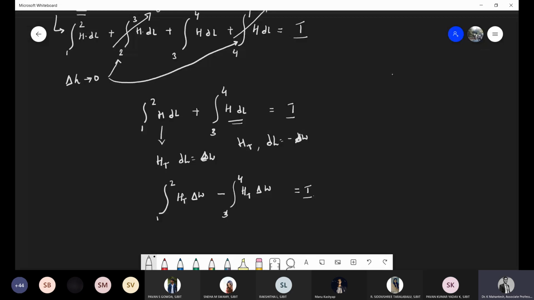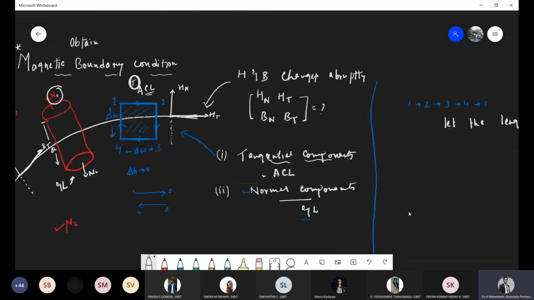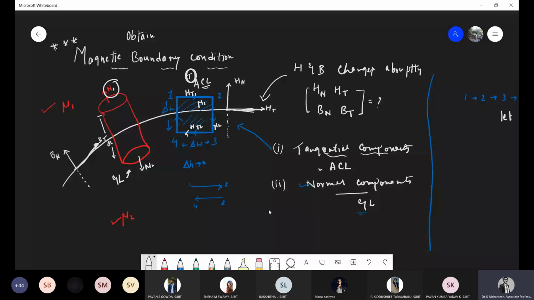That means this belongs to medium 1 and this belongs to medium 2. Going back to the original, this path is Ht1, which is in medium 1, and this path is Ht2 in medium 2. See here, this is medium 1 and this is medium 2.